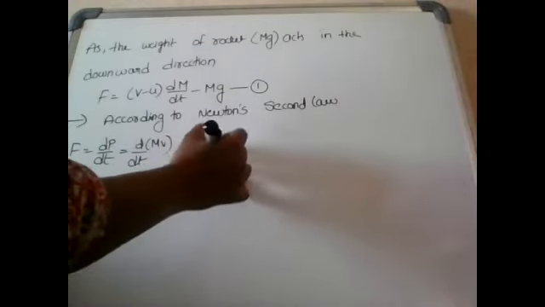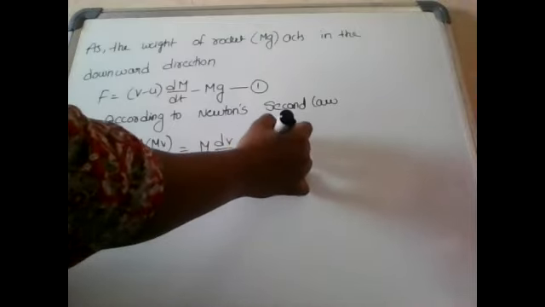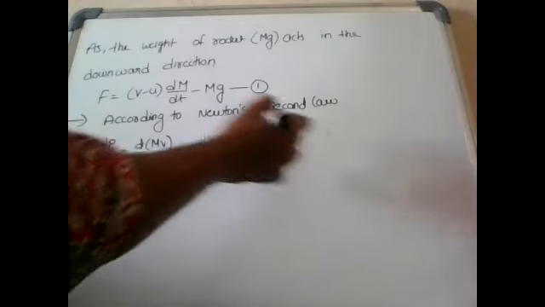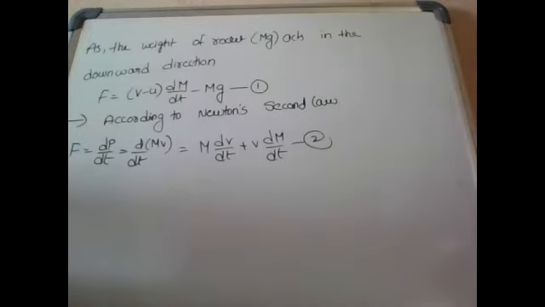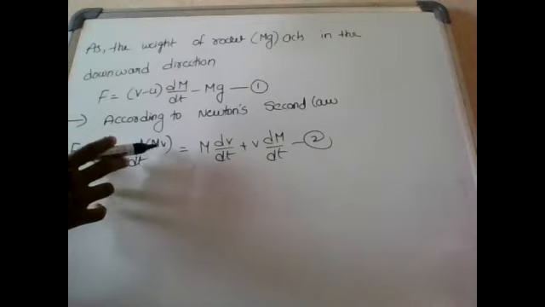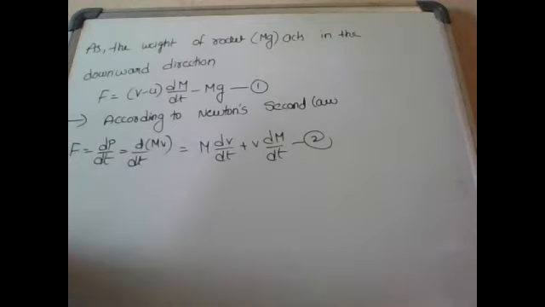So from this, m into dv by dt plus v into dm by dt. This is the second equation. So from Newton's second law, already we know that F equal to m into a, or F equal to dp by dt. So d by dt into mv, we can write this one m into dv by dt plus v into dm by dt.